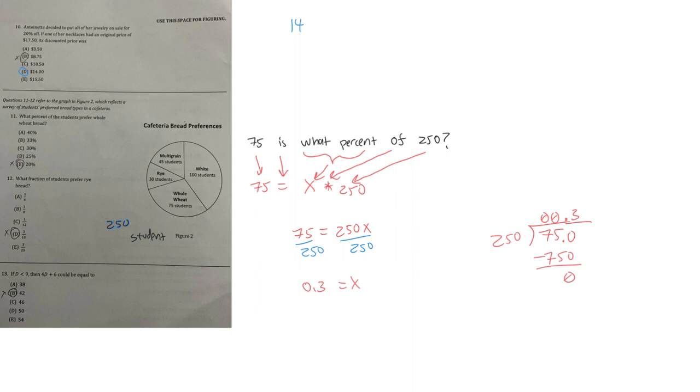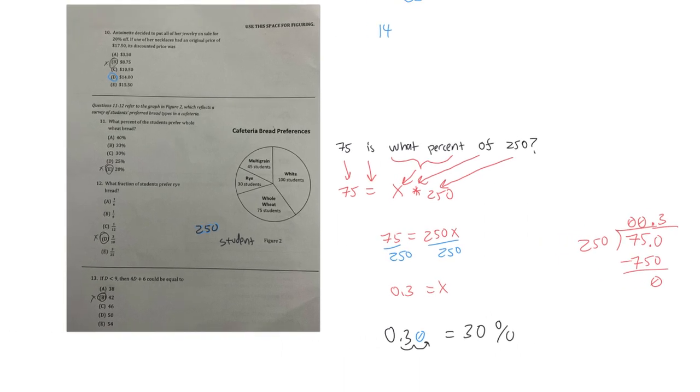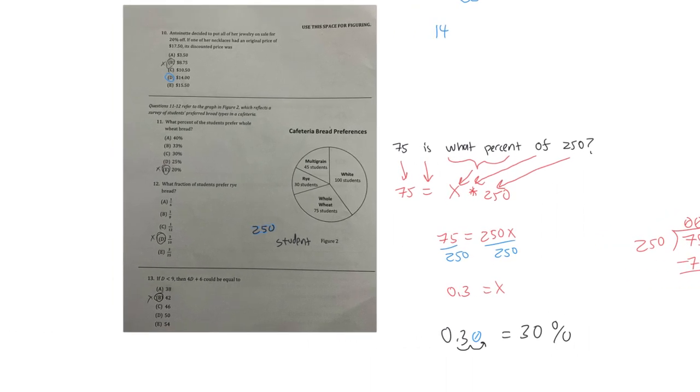And in doing so, we would end up with this situation. And that becomes just a 30, okay? Because you can think of moving it twice to the right, and then we have a 30, so that's going to be ultimately 30%. That's the answer to that. So that's right here.